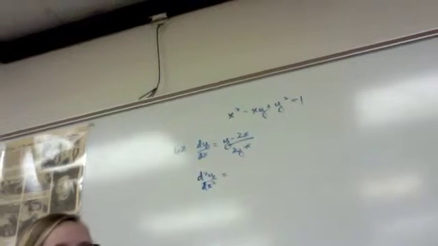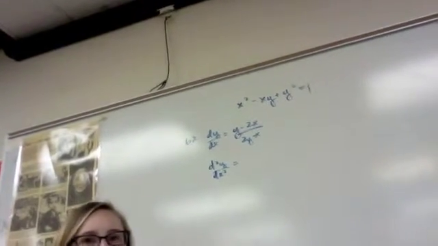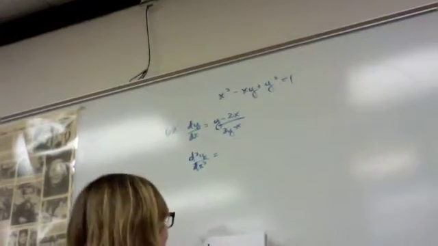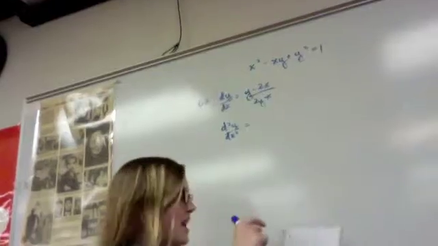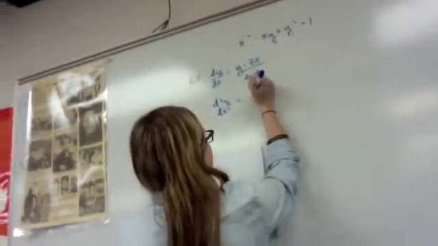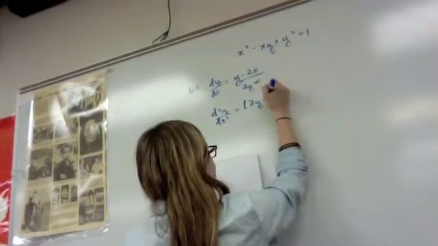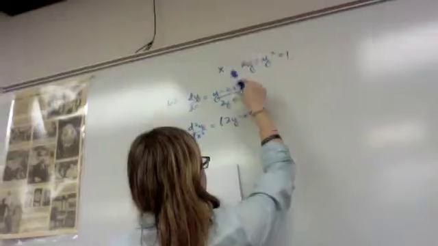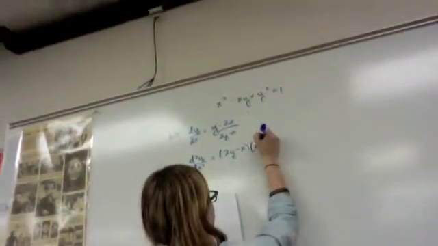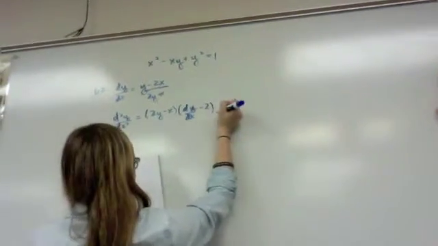So we're going to do the quotient rule, which is low d high minus high d low, over low squared. So low is 2y minus x. D high, the derivative of the top, is going to be dy/dx minus 2.